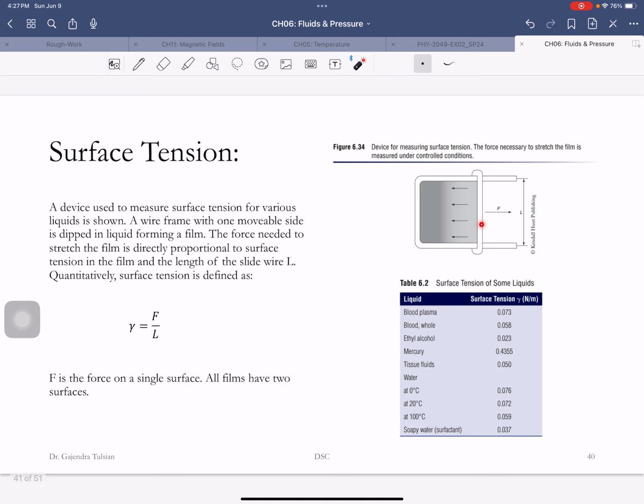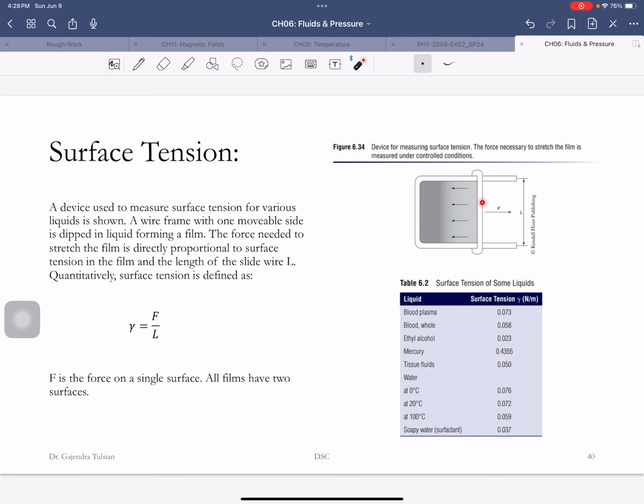So here's how you measure surface tension. If you want to measure the surface tension of soapy water, this device is made out of wire. You get a soapy film on there, and then you pull on it. Every film has two surfaces, so the force we are talking about is force per surface.